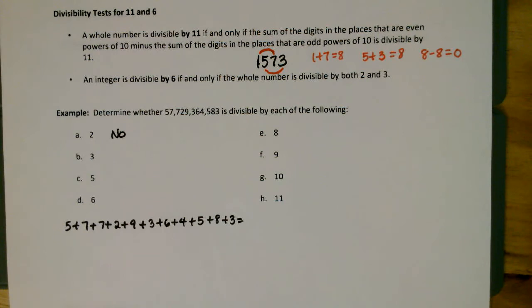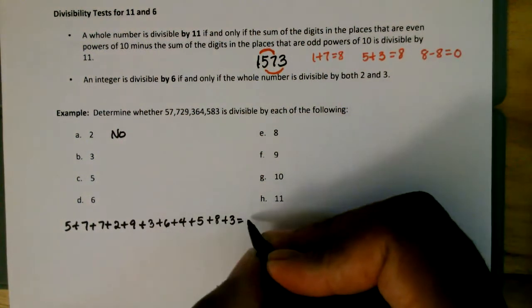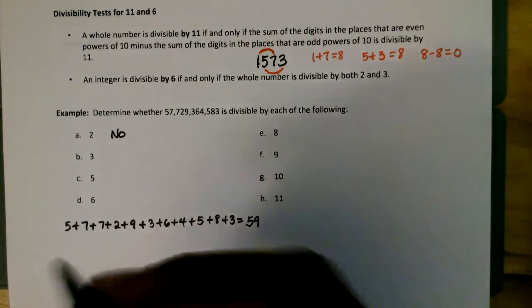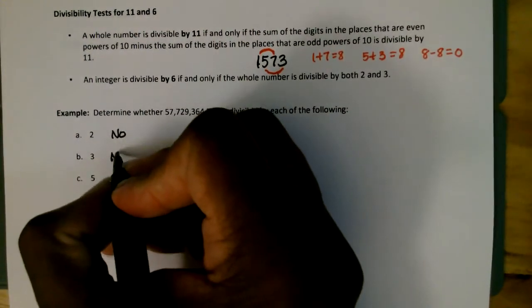Okay, and I'm going to kind of cheat a bit by using my calculator. Here I'll come up with 59. And 59 is not divisible by 3, so the answer there would be no.